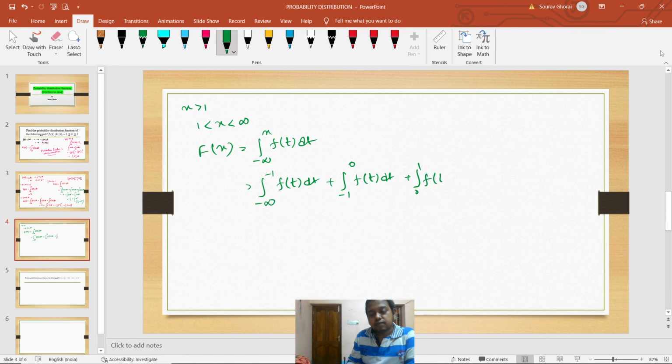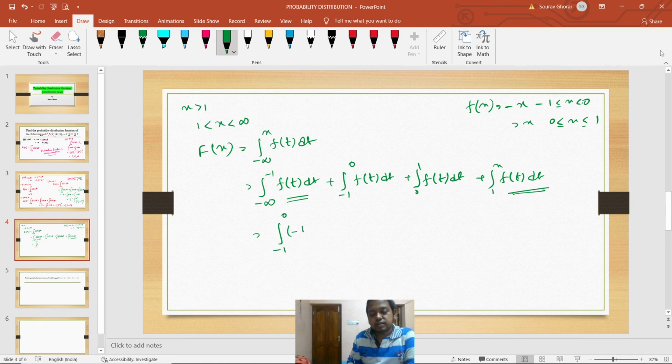In the given question, f of x is equal to minus x for -1 to 0 and x for 0 less than or equal to x less than 1. So for this one, this is 0, this is 0, and for -1 to 0 it is minus t dt plus the integral from 0 to 1 of t dt, and if we simplify we get half plus half is equal to 1.